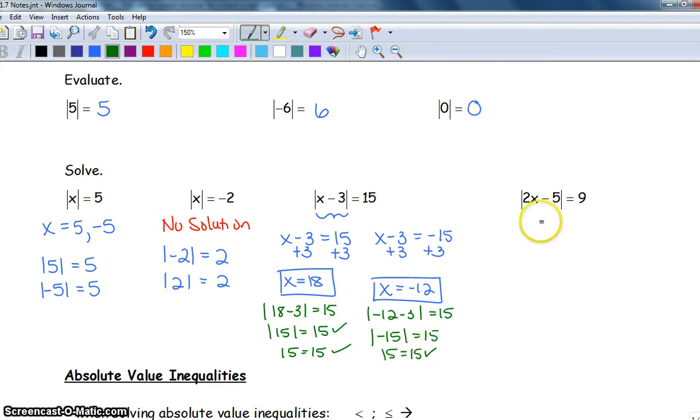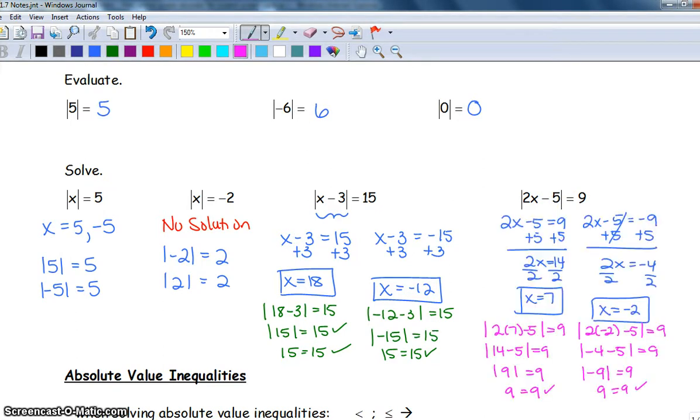Go ahead and try the next one on your own. We want to find out what value or values of x will give me an absolute value of 9. Press pause, and when you're done, press play and see if you were correct. Alright, so we set up two equations. 2x minus 5 equals 9 and 2x minus 5 equals a negative 9. Remember, we're not saying that the absolute value is equal to a negative 9.